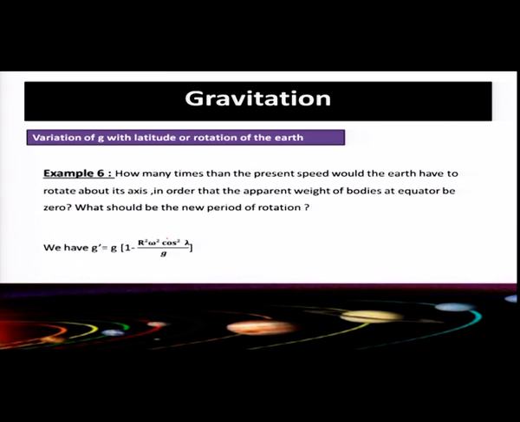Let us now summarize what we have discussed so far in this session. In this session, we discussed equipotential surfaces: what an equipotential surface is, what the conditions for an equipotential surface are, and we gave a classical example.